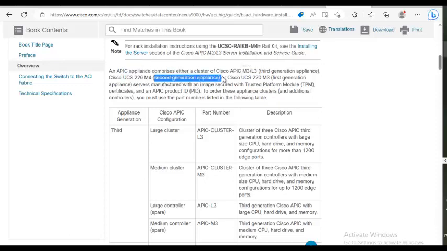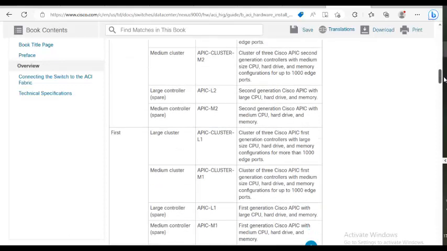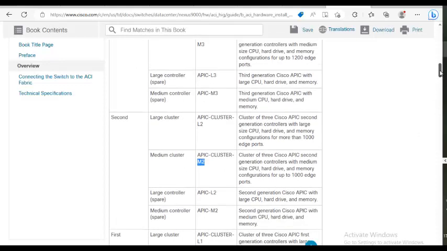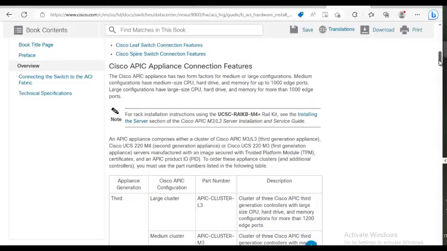Second generation M2 then. Right? And then the third generation runs on UCS 220 M5 server. They have not mentioned here. I have taken from another document, M5. All right, according to APIC, it is M3 or L3.